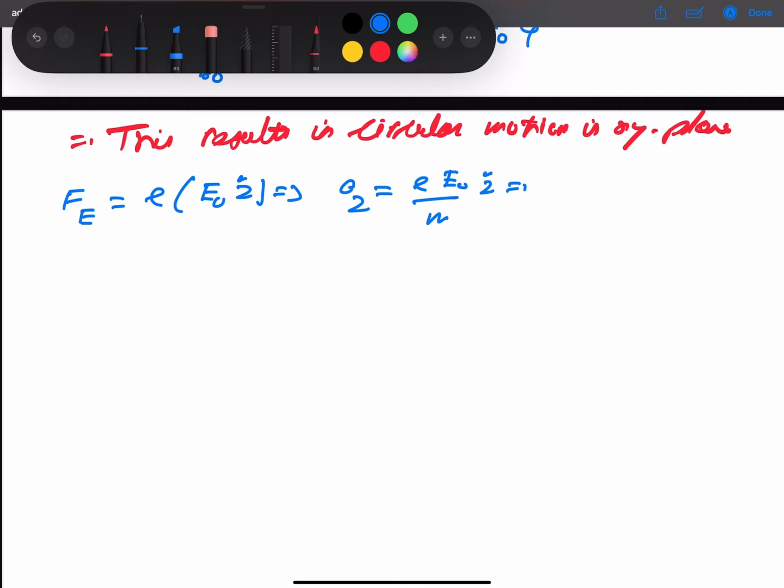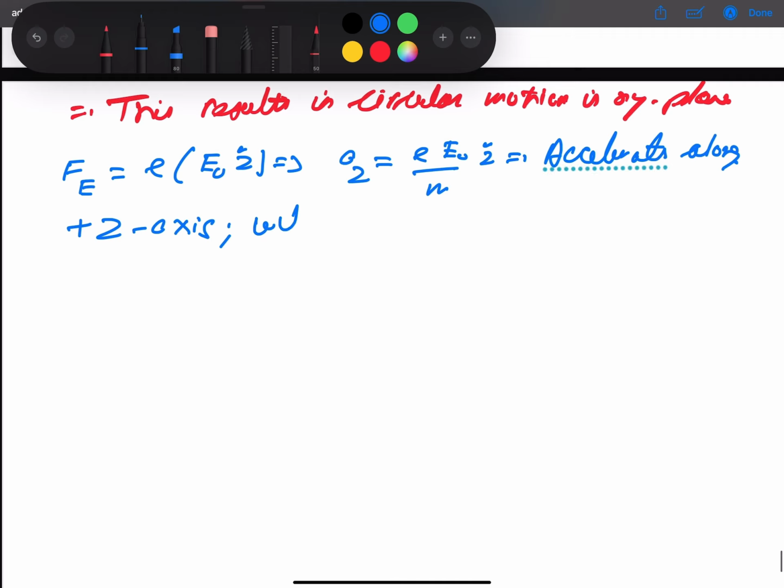It is going to accelerate along the positive z axis with increasing velocity.